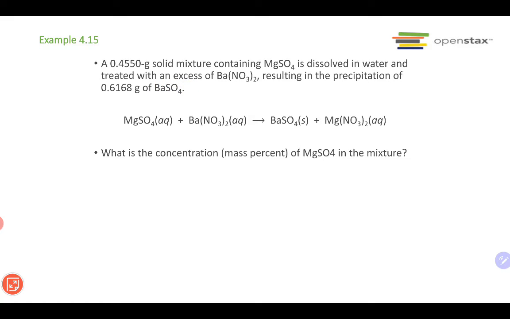So if I combine these two solutions, I end up with this as a precipitate. And I measured the mass of the barium sulfate. And I know that it weighs 0.6168 grams. The question is, how much magnesium sulfate did I have in order to make that much barium sulfate? So this is just a stoichiometry problem. So I'm going to go from grams of barium sulfate to moles of barium sulfate.